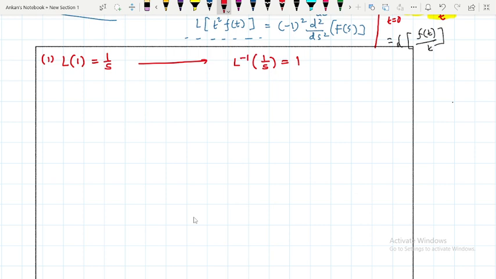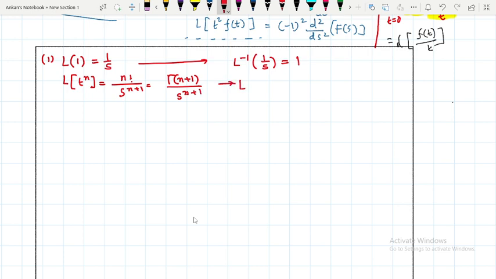We have discussed Laplace transform of t^n is n factorial by s^(n+1), better to say gamma(n+1) by s^(n+1).